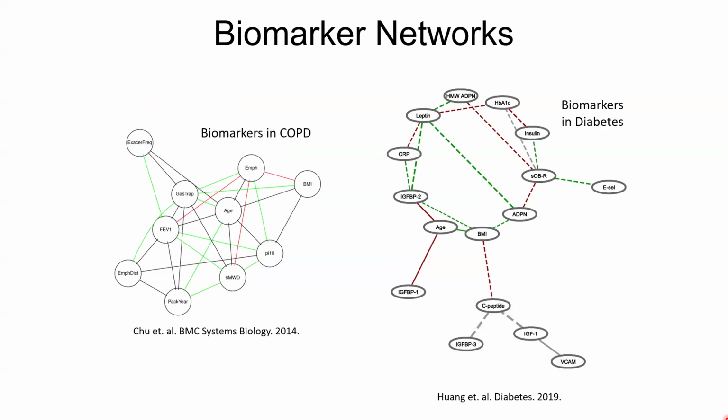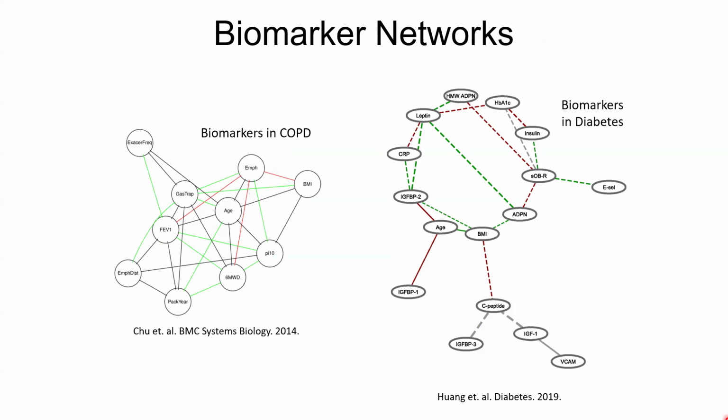Biomarker networks are another place where correlation-based approaches have commonly been used. So for example, on the left is a partial correlation network between biomarkers and COPD, where the biomarkers are measured across a series of subjects with COPD, and the co-occurrence of these different biomarkers was measured based on partial correlation.